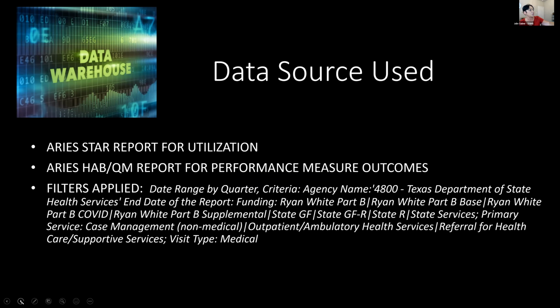So again, for the data source I use the STAR report for utilization, like we showed you, and the CQM report for the performance measure outcomes, and those are the filters I applied. The date range, of course, will vary depending on which quarter you're looking at, but everything else, I try to keep so that I use the same filters every time. Sometimes I might adjust them, but when I have a standing set of performance measures, I need to look at them the same way.